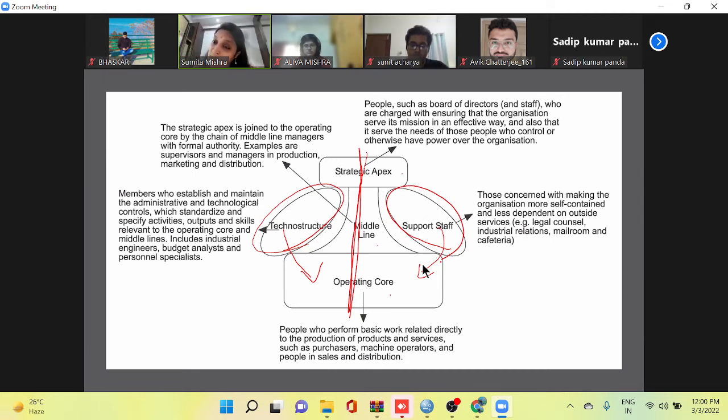And also, Mintzberg has provided reasons why the parts of the organization keep changing in different design options. So that is why the understanding of these 5 parts is very, very critical and crucial for you in deciding organization design. Okay, any doubts up till now?